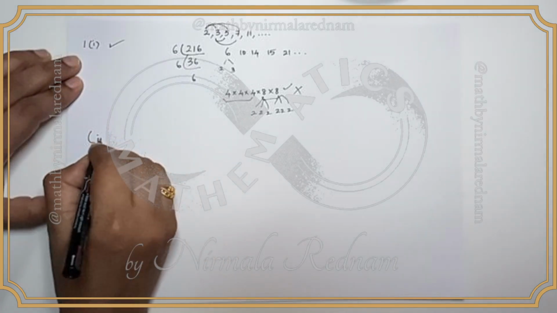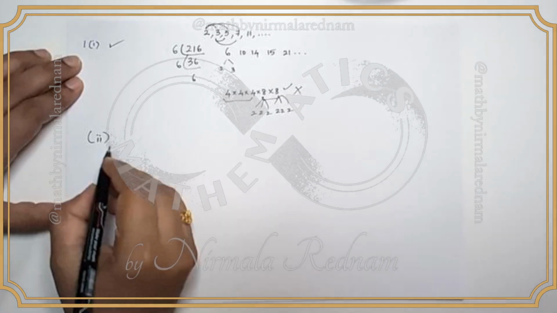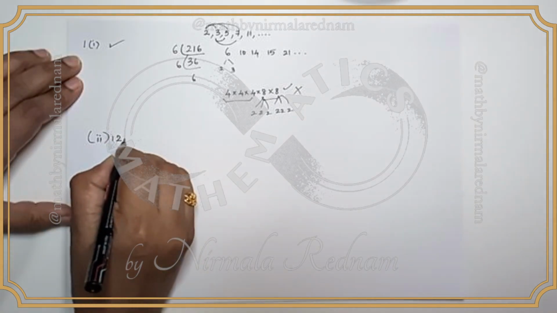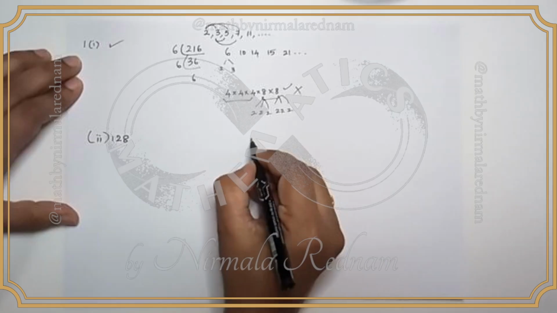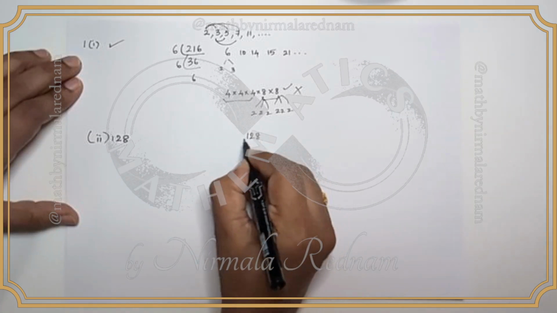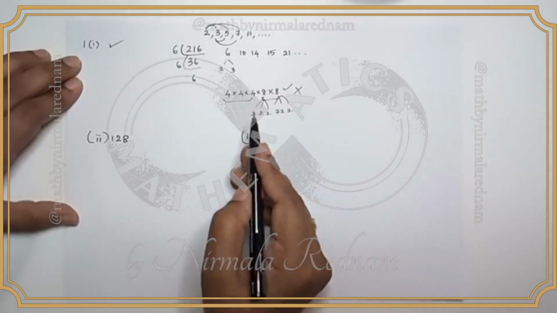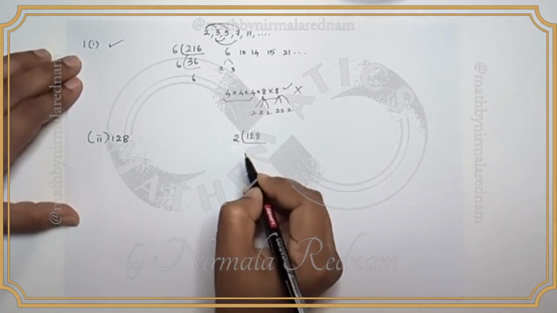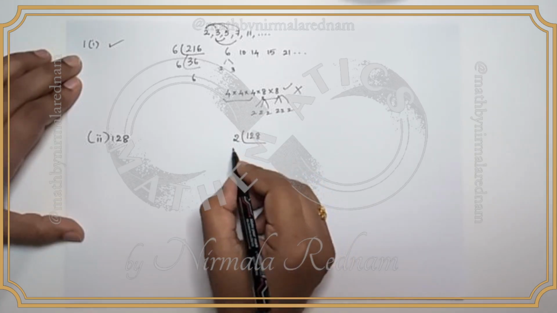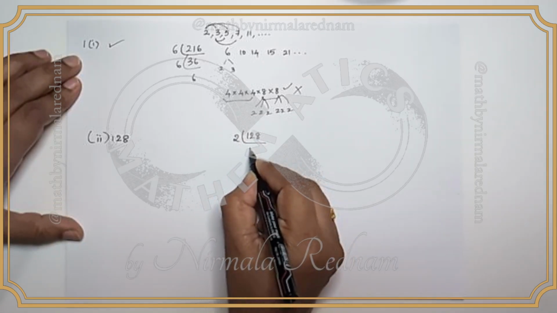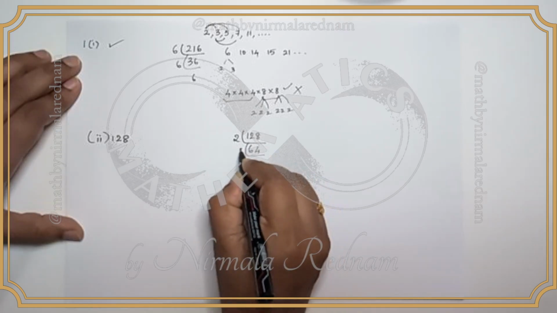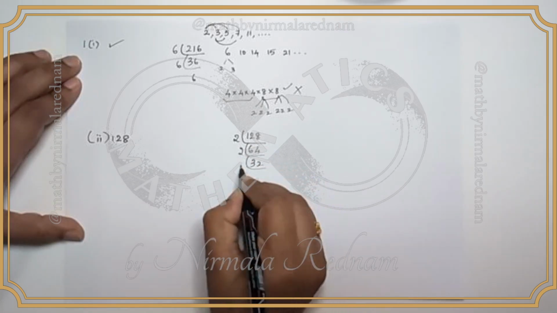Now let's look at the second question. 128. If I want to look at the larger numbers, none of them is going to work. Even 6 is not going to work. So I am going to go back to my original, 2. Let's start with 2. So quickly let's do this.